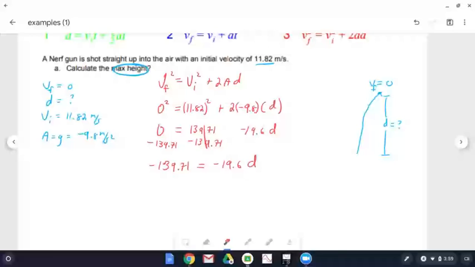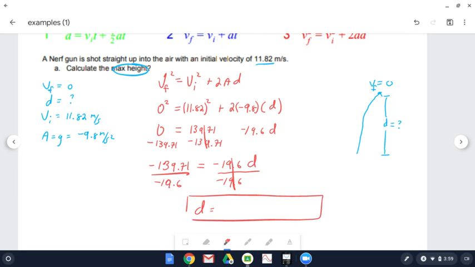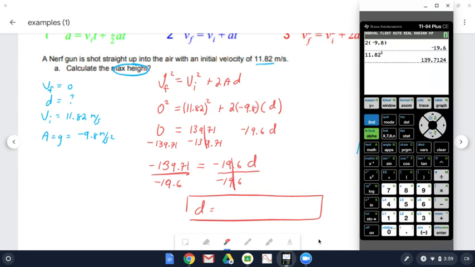Well, I want to get D all by itself, so I'm going to divide by negative 19.6. And that will leave me with our final answer. Once I plug this in my calculator, like I already have this right here, it's got to be negative, so I'm just going to multiply by negative 1.